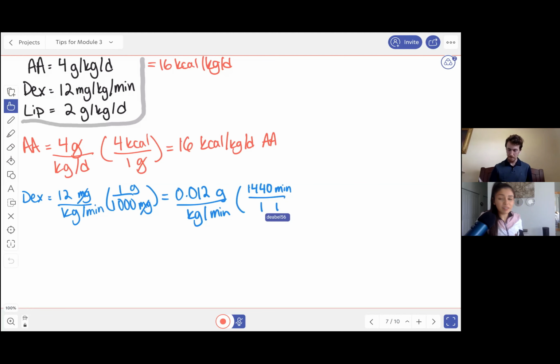And then Nick, while you're calculating this out, I did just want to mention, so like we said, we're assuming that this is a 24-hour continuous cycle. However, in the world of the NICU, this normally does not happen just because the babies do need a break from the PN. And so normally you have to pay attention when we're asked these questions on how to calculate the TPN script and really make sure, if there is no actual amount of hours that is said in our equation, then we can assume that it's 24.